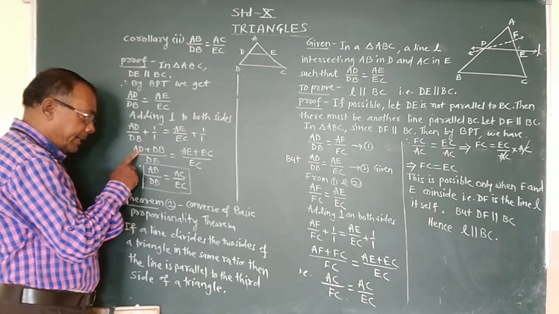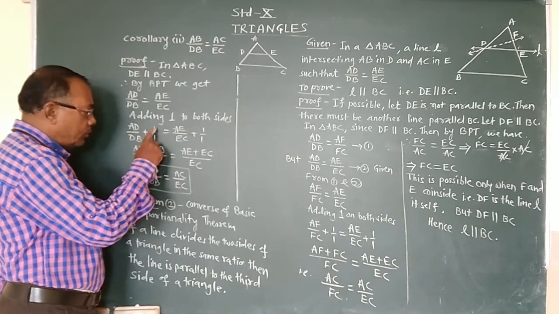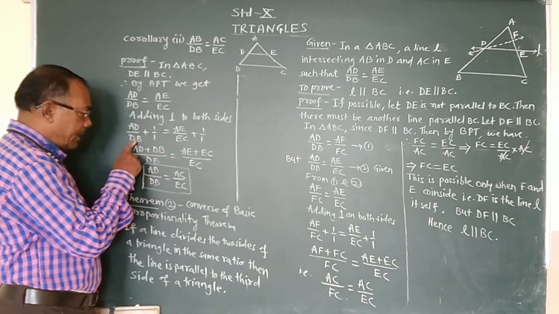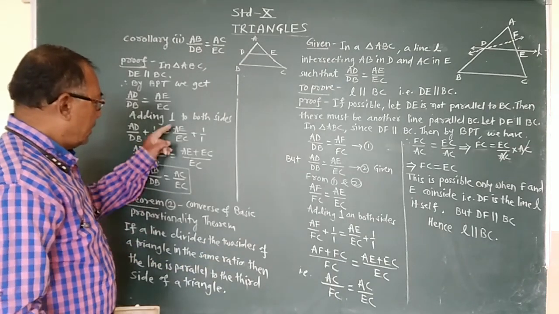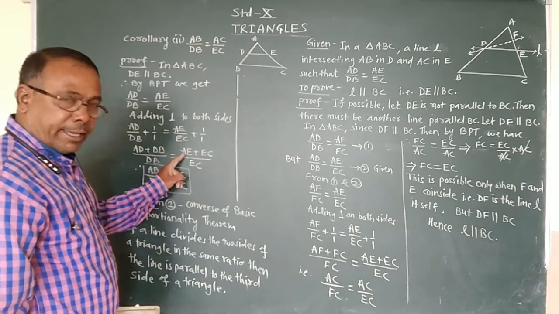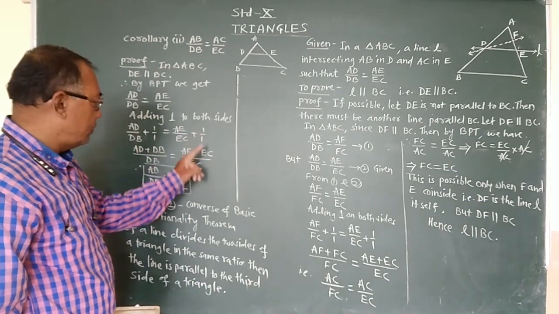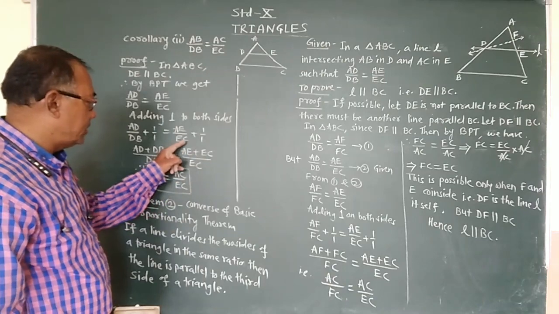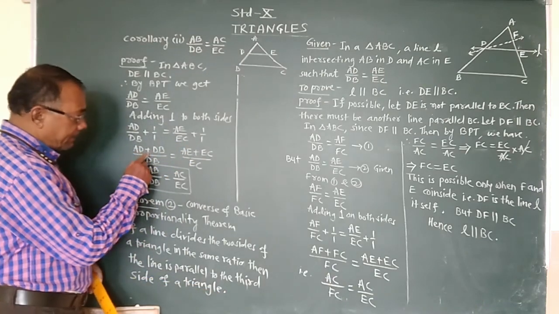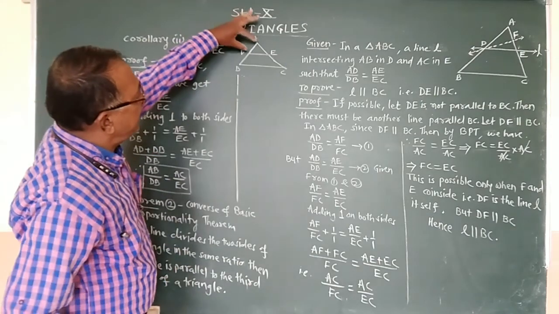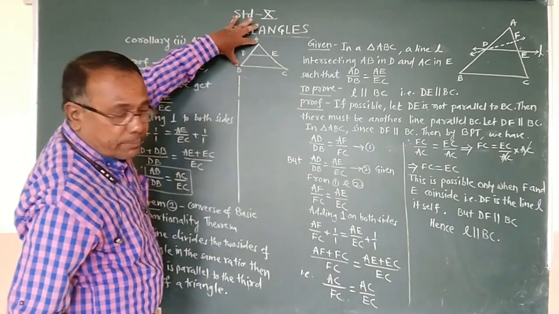AD into 1 will be AD plus DB into 1 will be DB, divided by DB into 1, again DB, is equal to AE into 1 AE plus EC into 1 EC, divided by EC into 1, again EC. But we know from the theorem that AD plus DB is equal to AB.